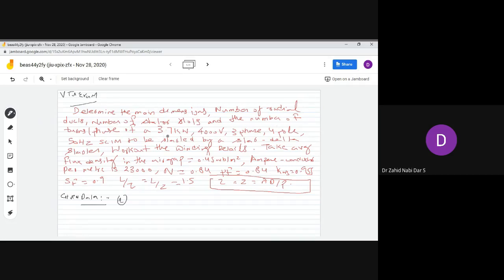As far as the power of the machine is concerned, it's a small machine, that is 3.7 kilowatt only. Okay, and then the voltage of the machine is 400 volts. Number of poles is equal to 4. Frequency is 50 hertz. Okay, and it's started in star delta starter.